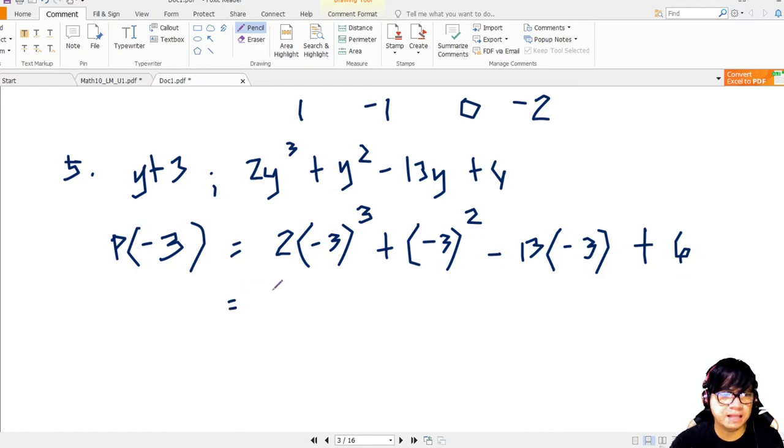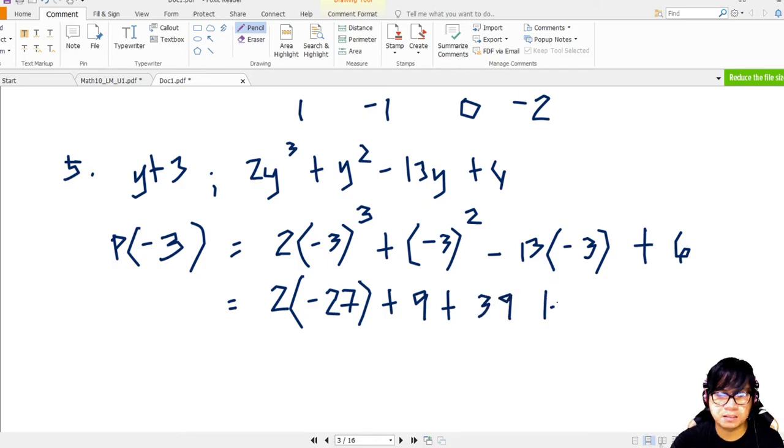Okay, so simplify natin to. Negative 3 cubed, that is negative 3 times 3 is negative 9, times negative 3 again, positive 9, times negative 3, that's negative 27. Negative 27. Plus negative 3 squared, 9. So, negative 13 times negative 3, that's 39. So, plus positive 9. Plus 6.